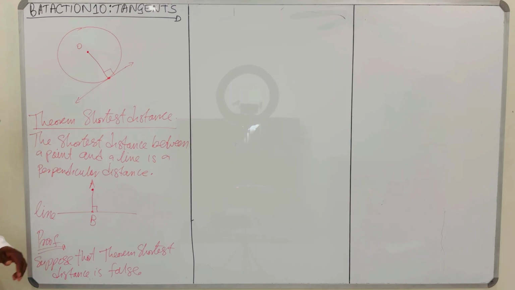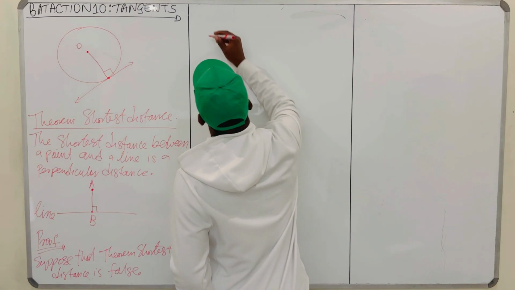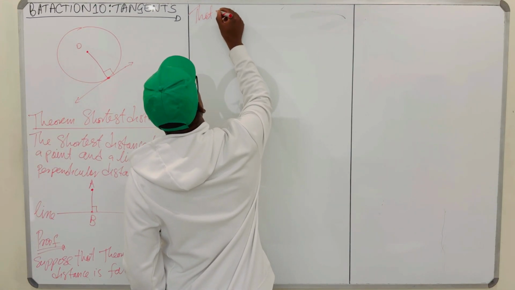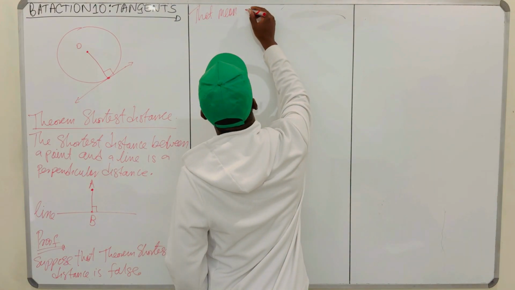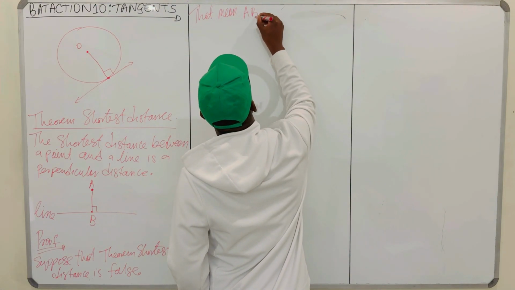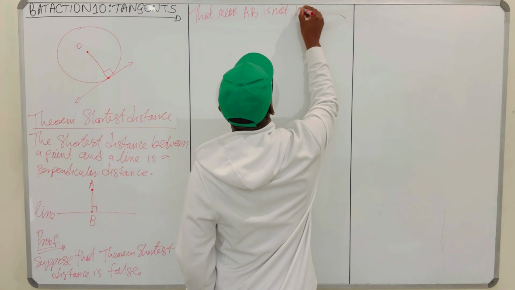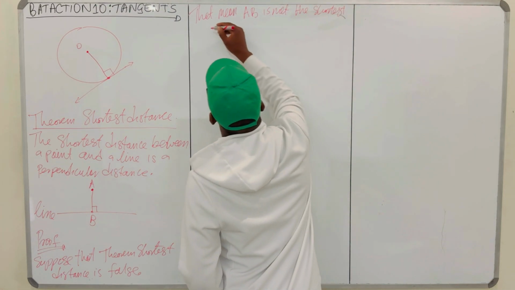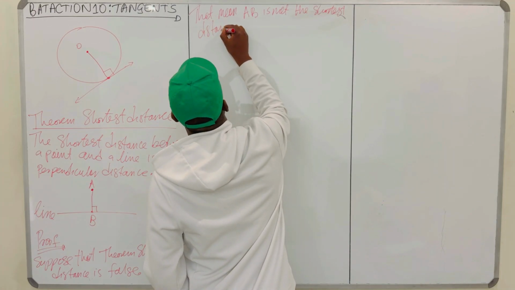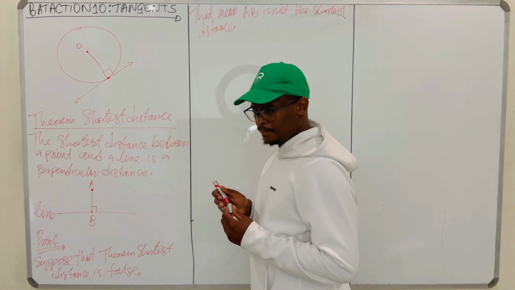So, what does this mean? That means AB is not the shortest distance. Are you with me? Yes.